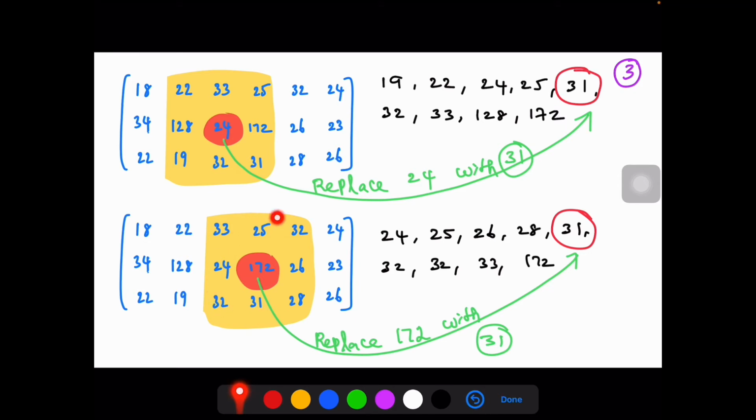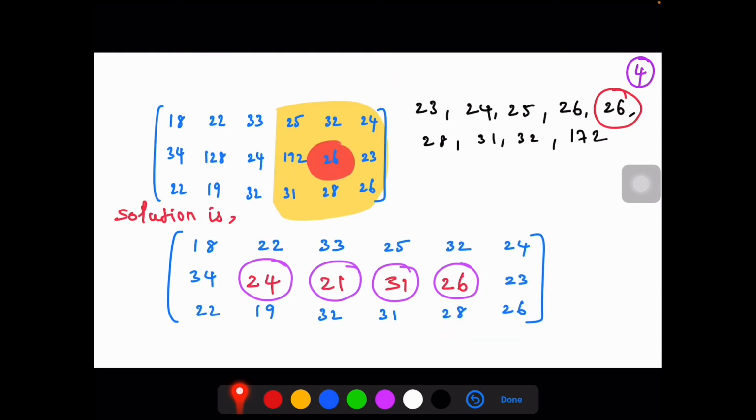Within that mask, arrange all the values in ascending order and find the middle value, that's 31 here. So replace 172 with 31. Similarly, move the mask again to the right and keep finding. Here the value is the same, 26, so keep it as such. So your solution is to replace those values with the values we found by moving the mask to the right as per the requirement.